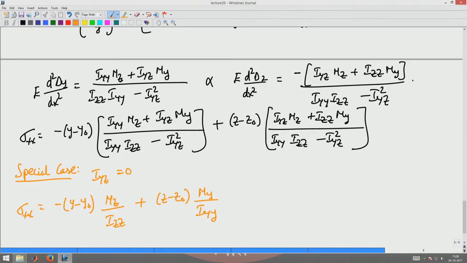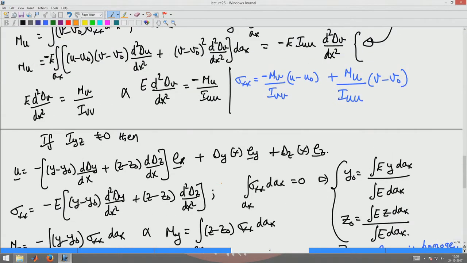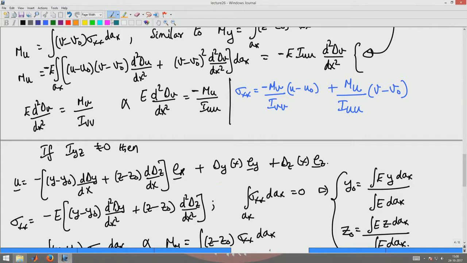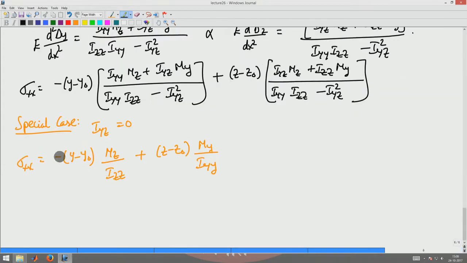This is the same expression that we got in here for sigma xx, except that u and v roles are changed to y and z now. u is y, v is z. This M_z by I_zz has a negative sign, you can see that it has a negative sign in here as well. So, this is the same as what we got there. So, it is consistent now.